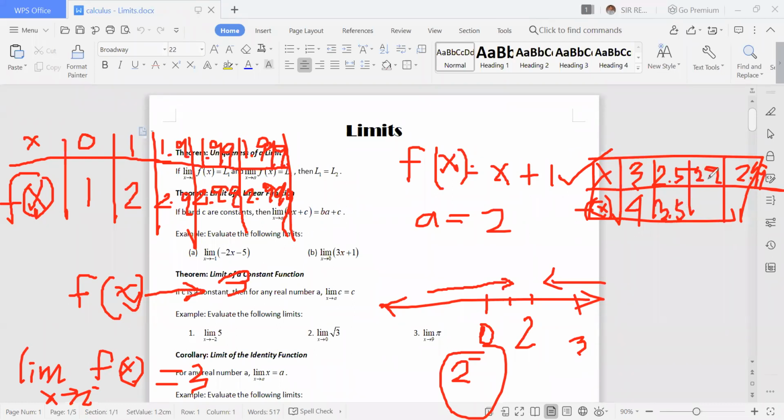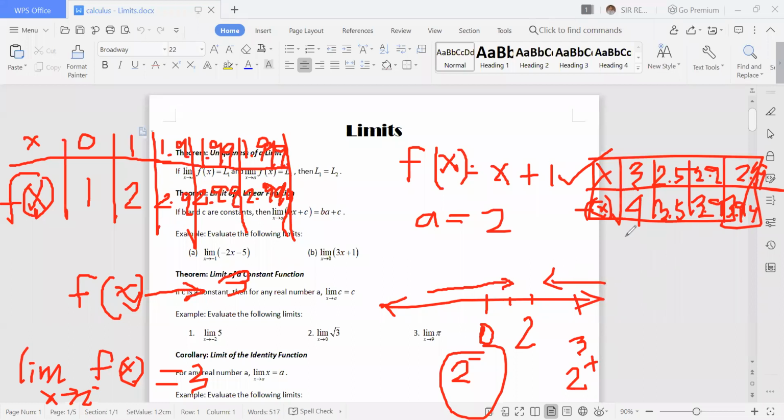And if x is equal to 2.9, 2.9 plus 1 will give us 3.9. And for the last one, if x is equal to 2.99, replace it here, it will give us 3.99. And so on.